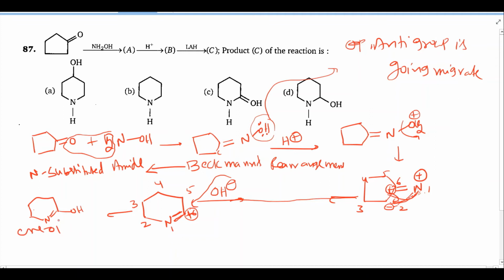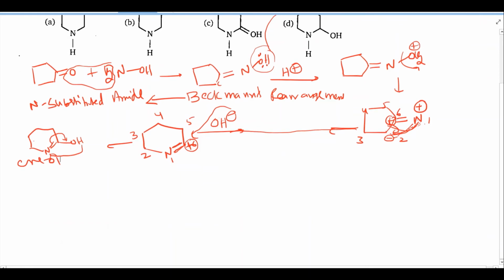The enol form is converted to the keto form. That means the double bond is shifted here, hydrogen attached to nitrogen. So then you are going to get the product. This is cyclohexane, this is NH. Here there will be a double bond. You can see this is an N substituted amide. This is called Beckmann's rearrangement.